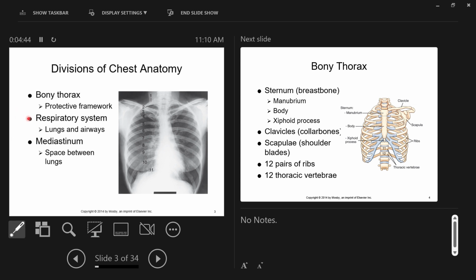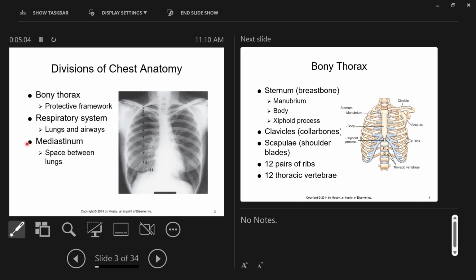There's the respiratory system, in which you consider the lungs and the airways. And then there's the space between the lungs called the mediastinum.